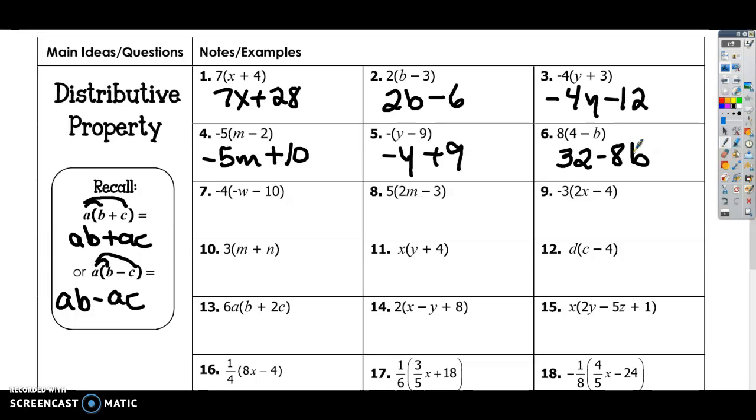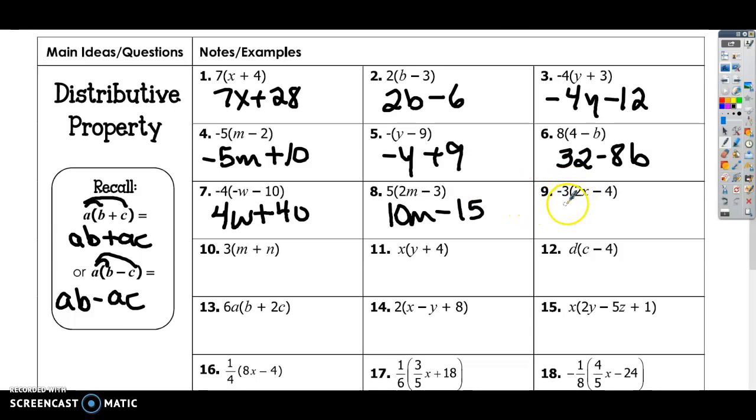All right, so number 7, negative 4 times negative w is a positive 4w. And a negative 4 times a negative 10 is a positive 40. All right, number 8, 5 times 2m is 10m. And 5 times negative 3 is negative 15.